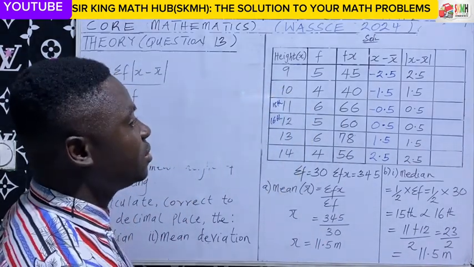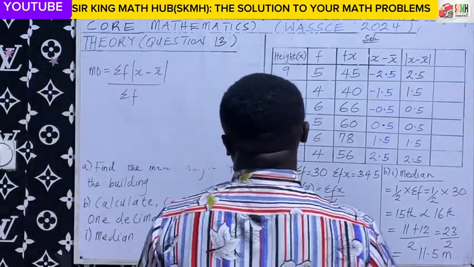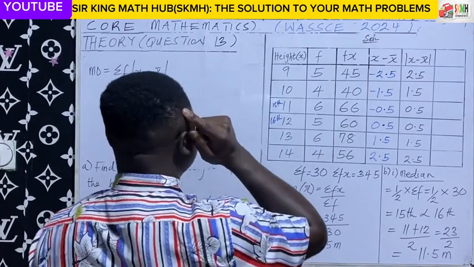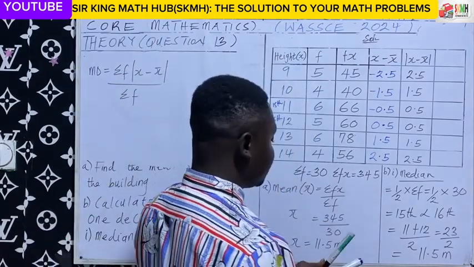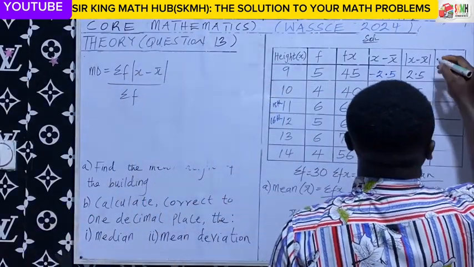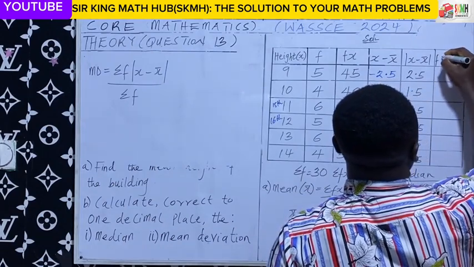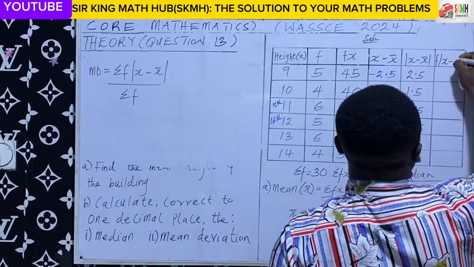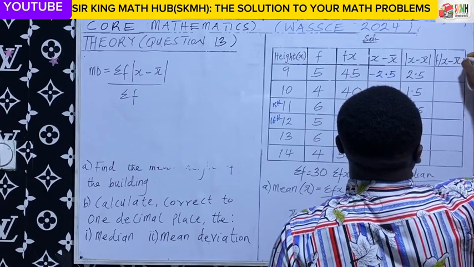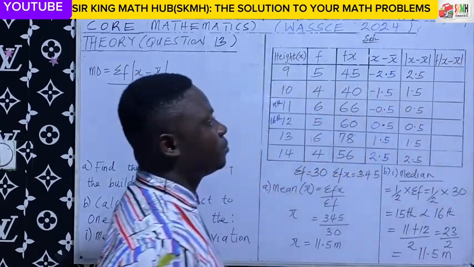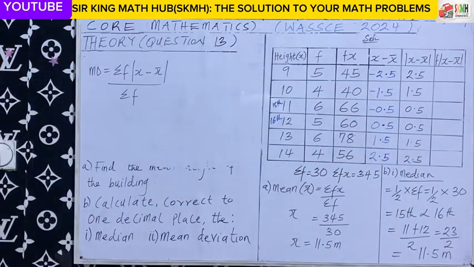And then lastly, the last column should be f multiplying absolute value of x minus mean. So let's quickly do that with the help of our calculator.